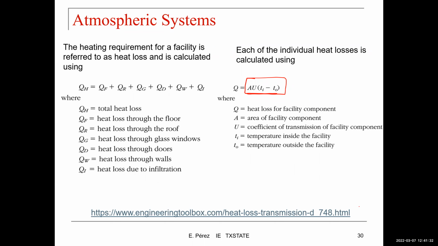The inside is where we are going to try to keep a certain temperature. Outside, since this is a heating loss, we count the outside temperature, which is typically lower, and we try to keep the inside at eye level. Yes.